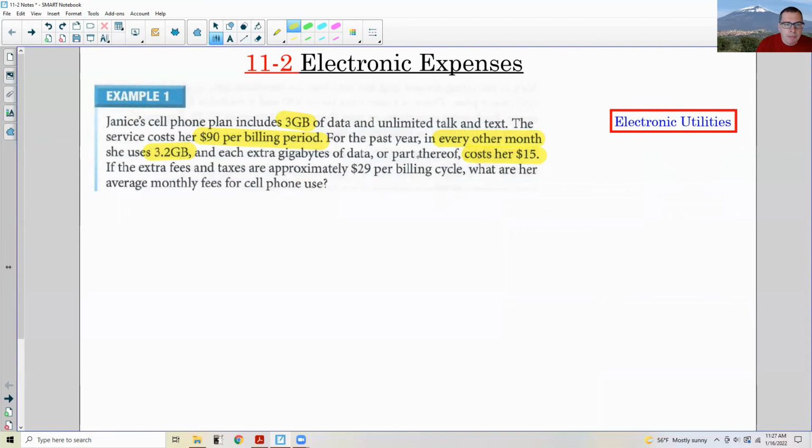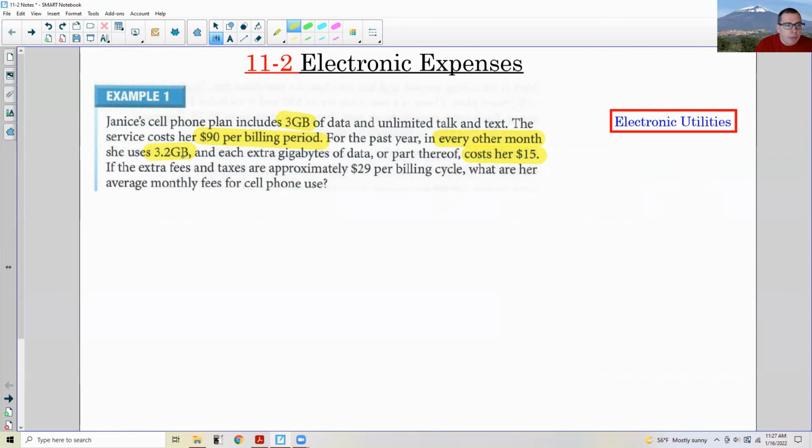That's more than 3. And each extra gigabyte of data or part thereof costs $15. So let's stop right there. 3 gigs is $90 per billing period. That's included. 0.2 is a part thereof. 1 more gig, working towards 4 gigs. So 0.1, 0.2, 0.3, all the way up to 0.9 are all part of the next gig, and it will cost her $15.